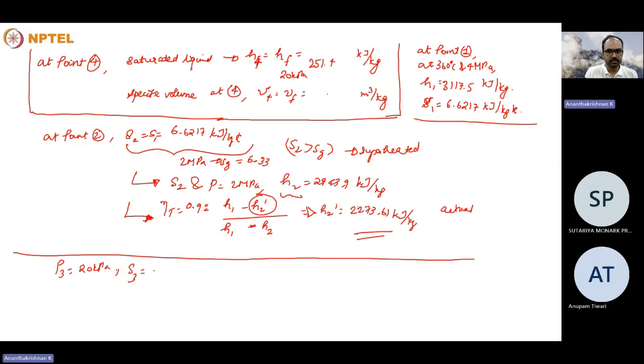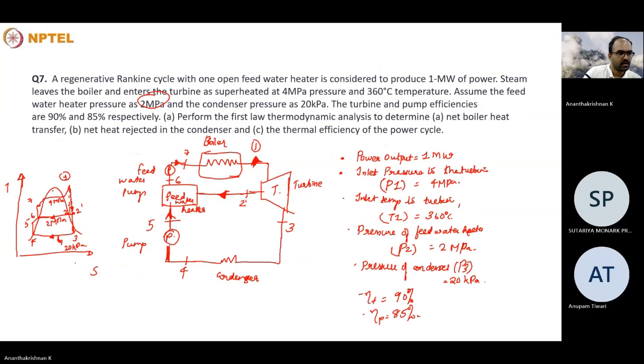The S3 should be equal to S2. So we have to actually determine the entropy, the actual entropy of the state point here.